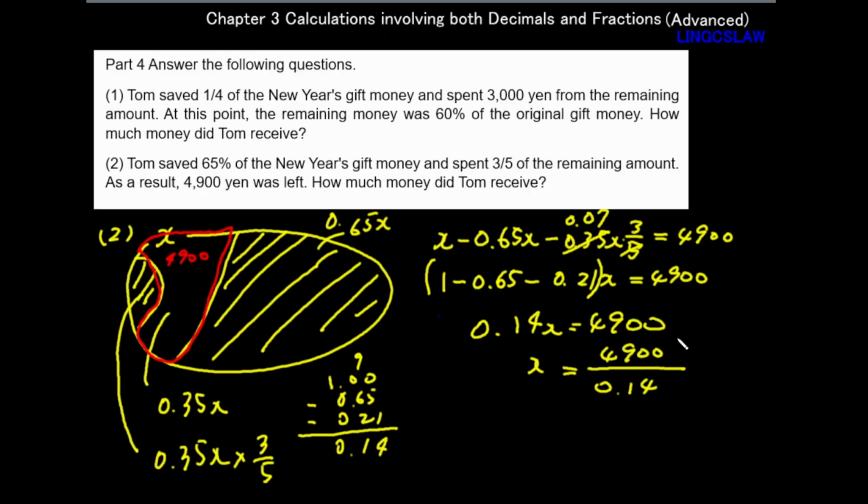And let's multiply both terms by 100, and let's reduce this one to 7, right? So 35,000 is the answer. Okay, so this is the answer.